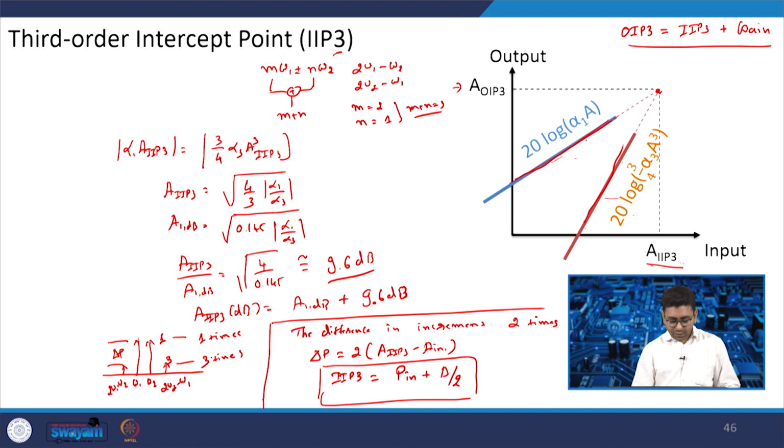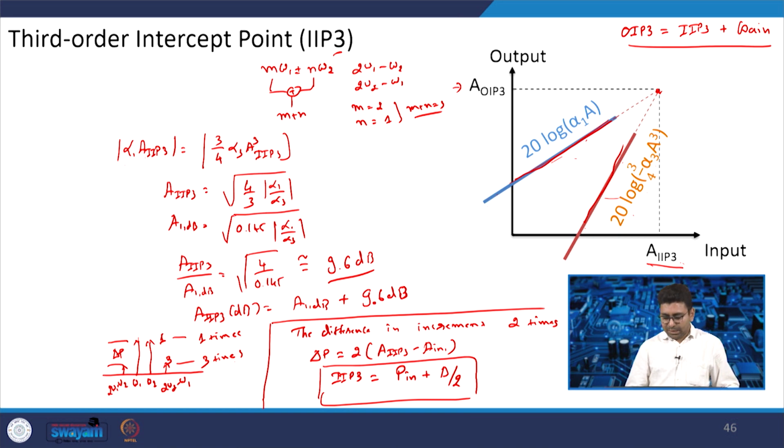When you take the difference, the increment is 2 times. So, that difference delta P can be given by 2 times (AIP3 minus A in). I can also represent it in terms of IP3 in dBm, which is equal to P in plus delta P by 2. This is widely used when we try to measure the IP3.